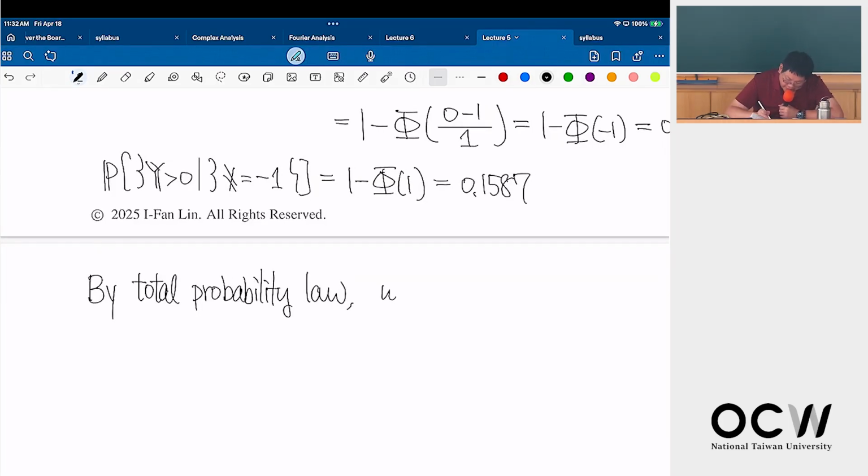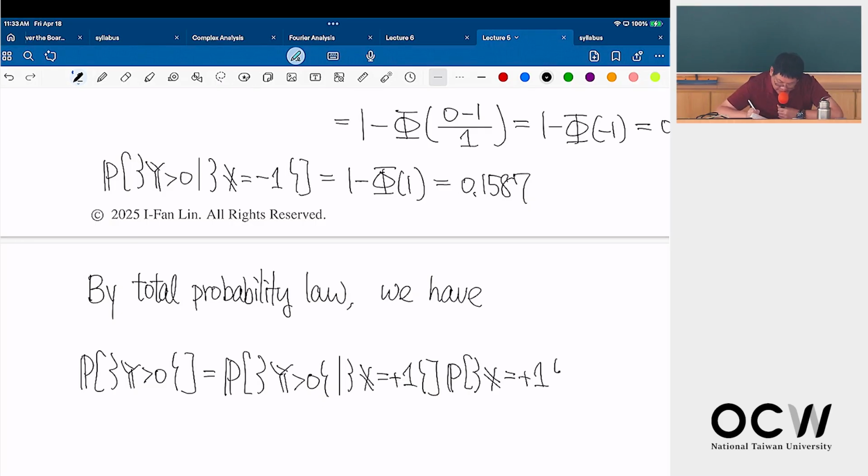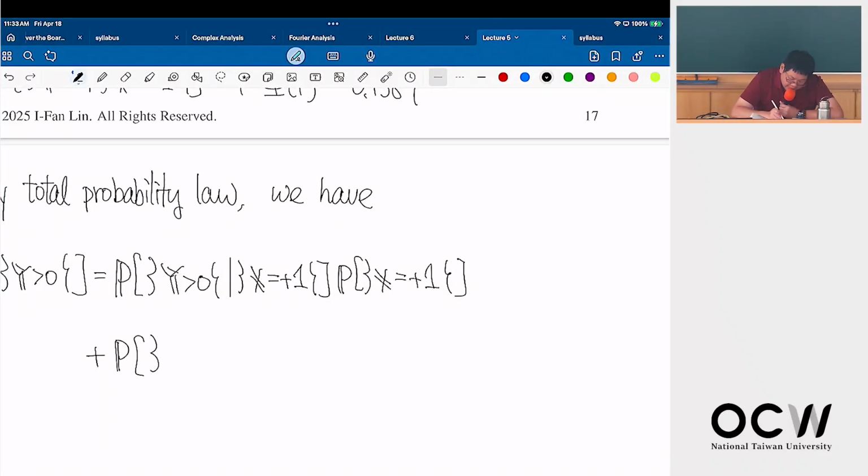Then we have the probability of y greater than 0: first, given x is 1, y is greater than 0, times the probability that x is 1, plus, given x is minus 1, y is greater than 0, times the probability that x is minus 1.